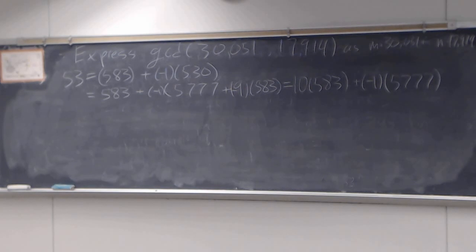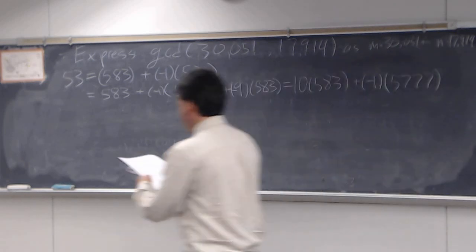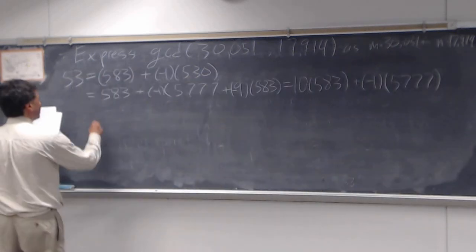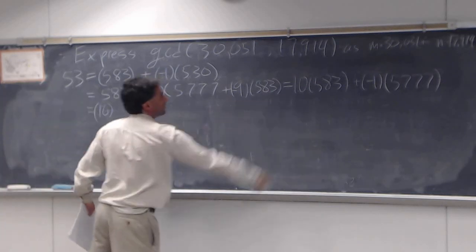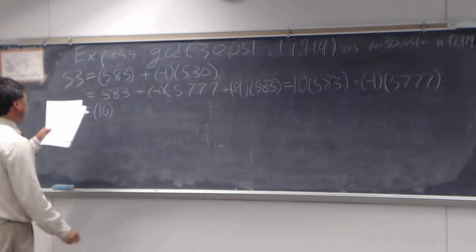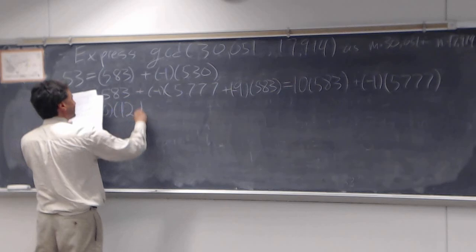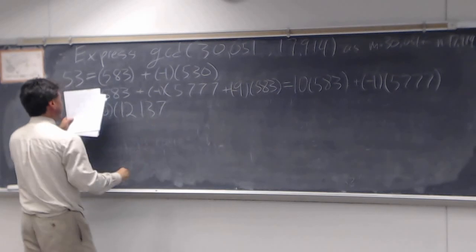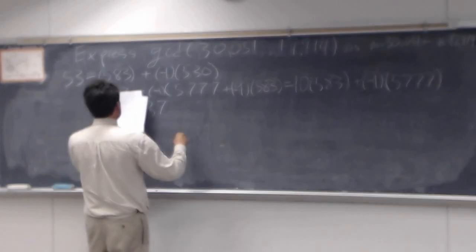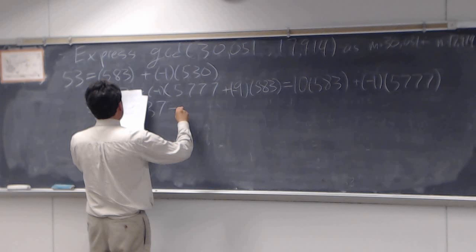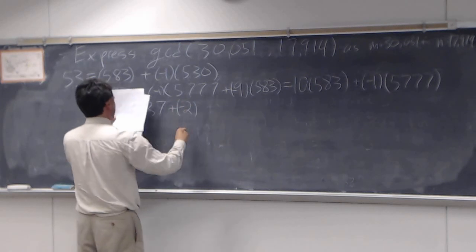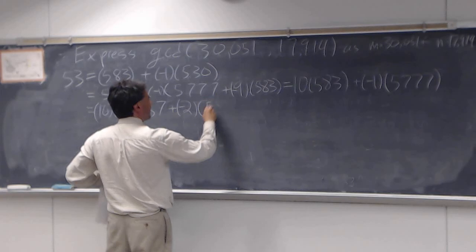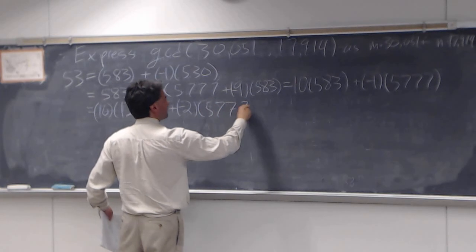Then we play the same game. Now we can get this 583 out of there, right? So we have 10 from over there times 583, but 583 was 12,137 minus 2, or plus a negative 2, times 5,777.